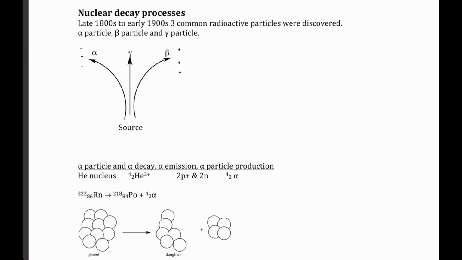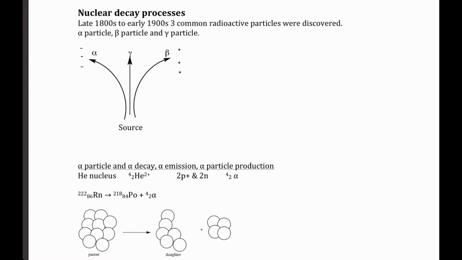The strong force holds protons together, neutrons together, and protons and neutrons together. And it's much stronger than the repulsion between those 2 protons, provided they're close together. But if protons are quite a bit spread apart in the nucleus, then the strong force is not holding them together anymore, and they feel some repulsion due to the electromagnetic force.